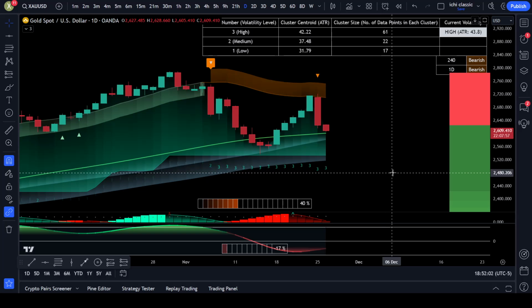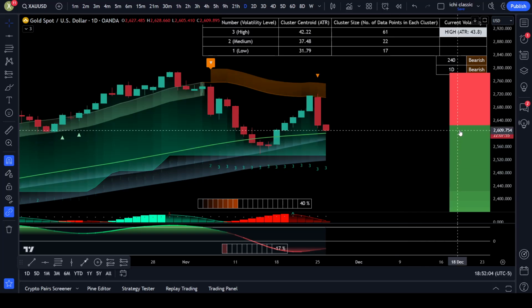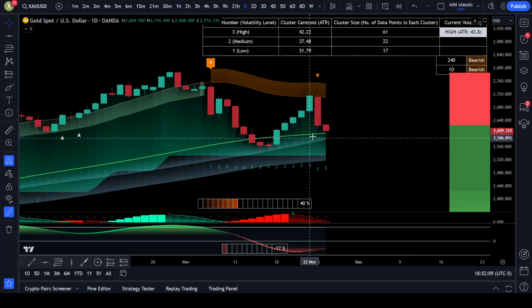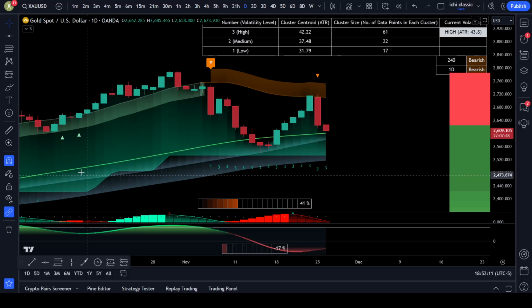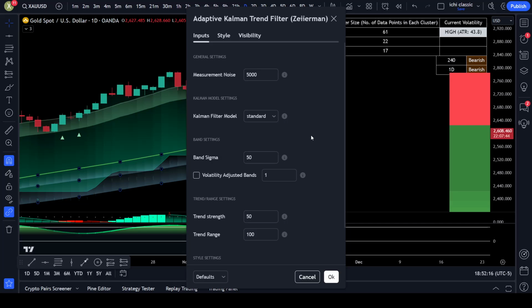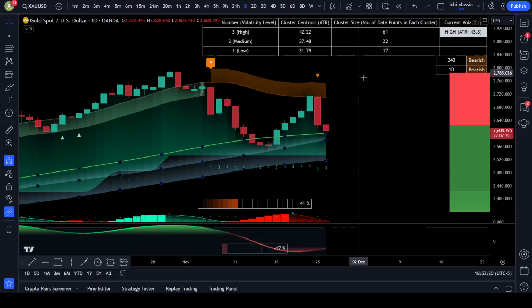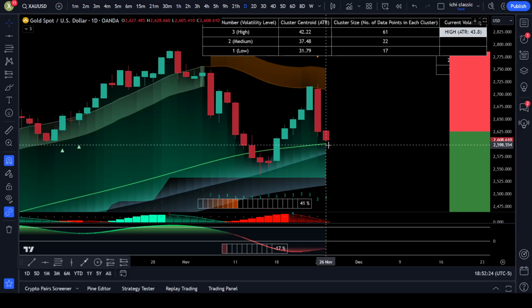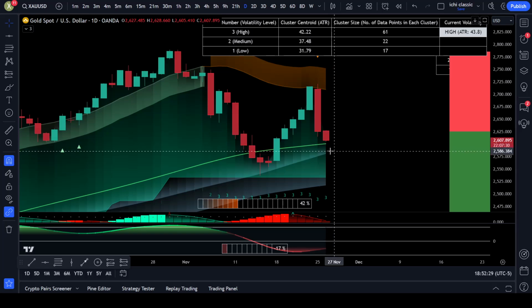And this is 1 hour. Now if you look here, you can see that it is mostly bullish, right? And this level here, this line right here on this trend filter, is super important because if it closes below this line, then we know it's going to drop to 2,500.